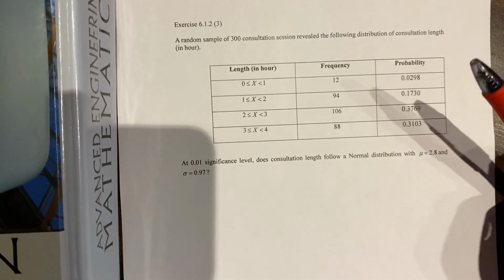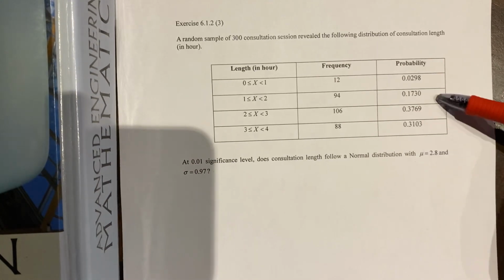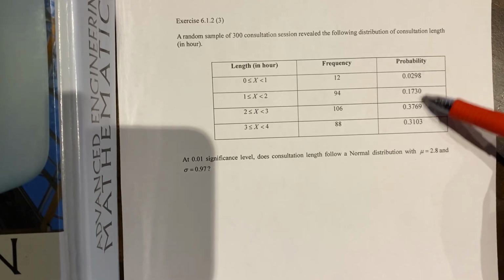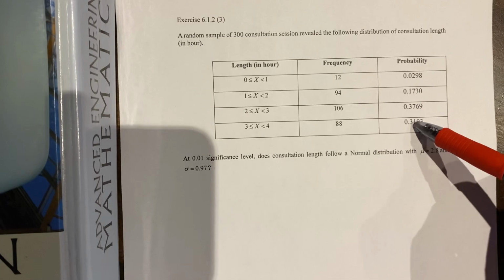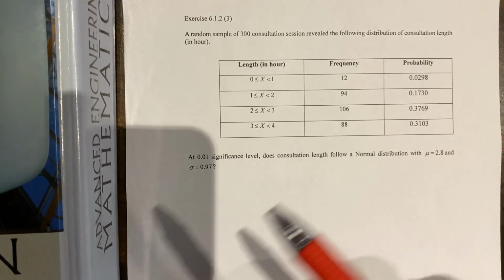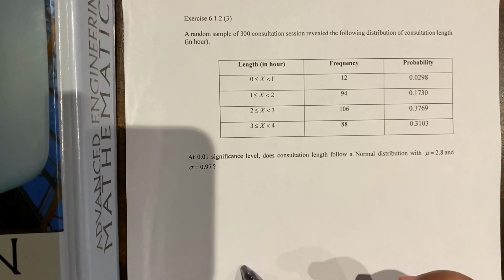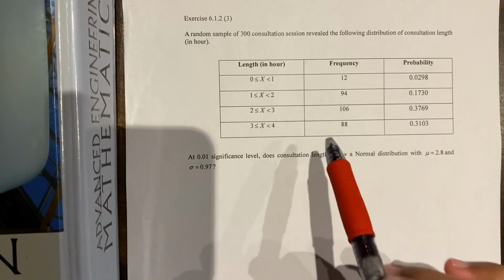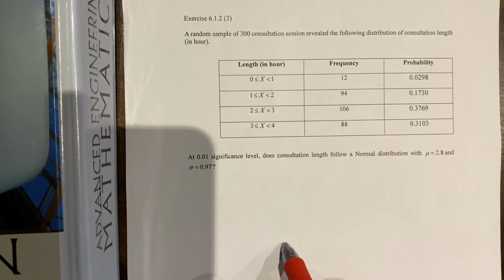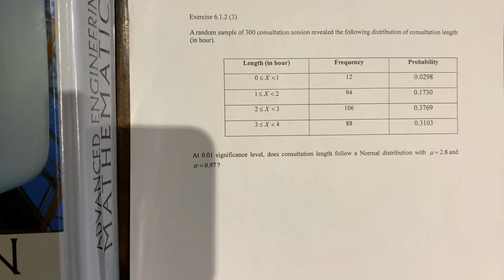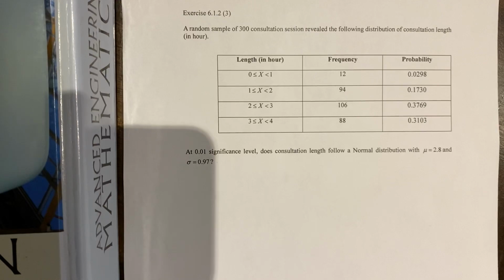Okay, so I modified the question a little bit. I give a probability here in this question. The probability values for exercise 6.1.2, for number 1 and number 2, are already uploaded in the column. You can find them in week 14.